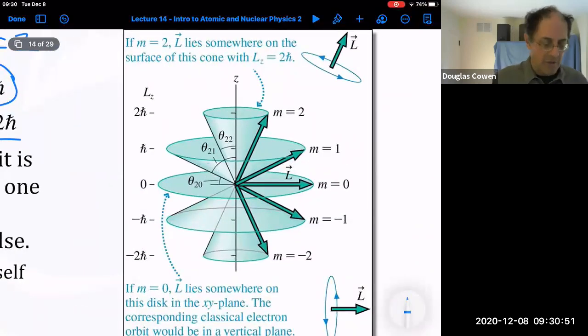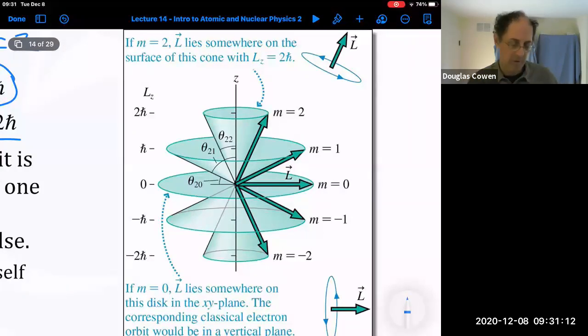First of all, let me remind you that if you have a particle going around in a circular orbit, then the angular momentum is defined to be perpendicular to the plane of that orbit. And its direction by convention is defined by the right-hand rule. So you curl your fingers around the direction that the particle is orbiting, and then your thumb points in the direction of the angular momentum.